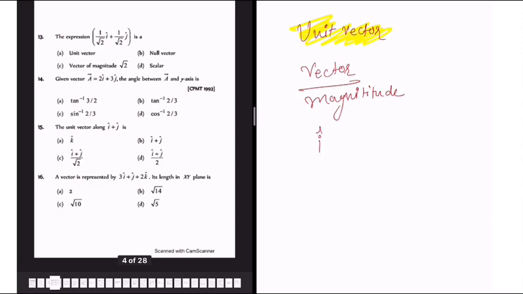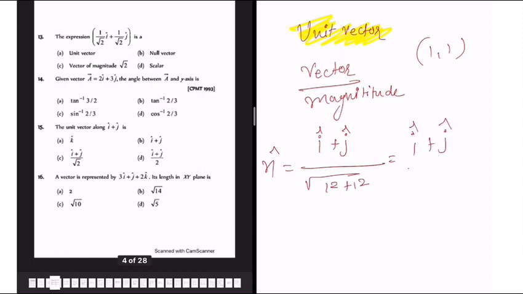vector is I cap plus J cap, and this vector can be written as 1 comma 1. So magnitude is 1 square plus 1 square, root 2. N cap is the unit vector, I cap plus j cap upon root 2. Whole upon root 2.